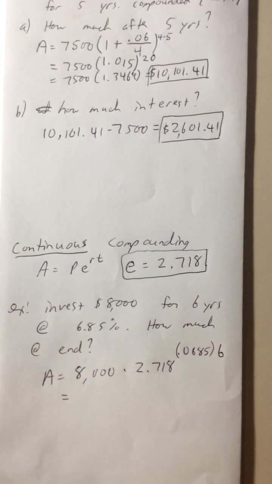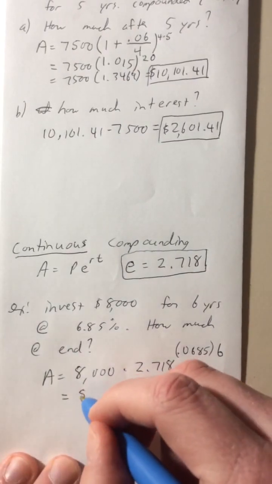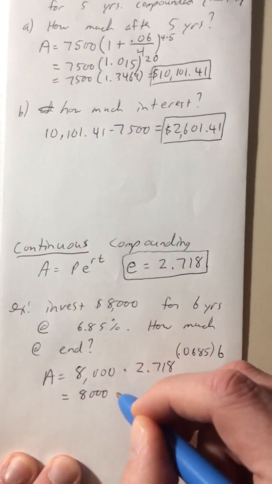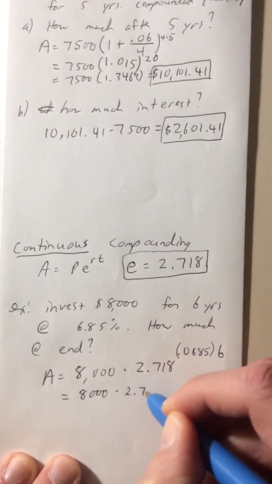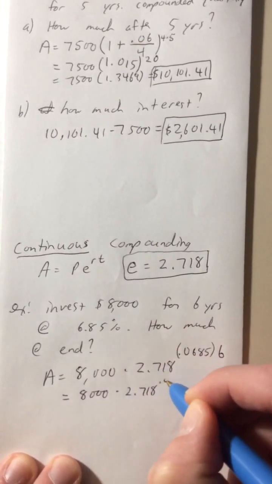Okay, so 0.0685 times 6 equals 0.411. So 8,000 times 2.718 to the 0.411.